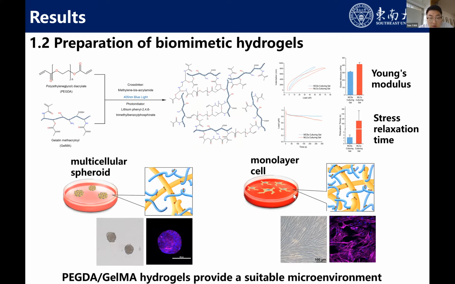These two types of hydrogel have different stress relaxation times and Young's modulus. And MSCs seeded on the two types of hydrogels showed different morphologies. These PEGDA-GelMA hydrogels provide a suitable microenvironment for MSC sphere formation.